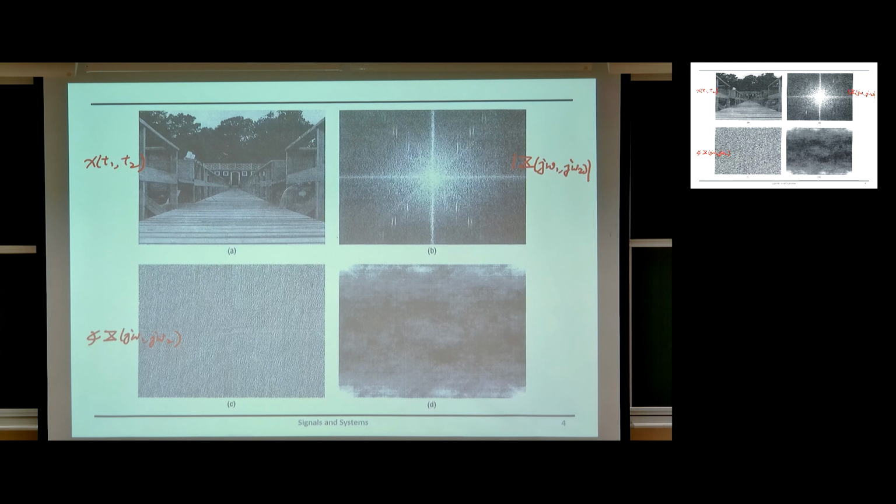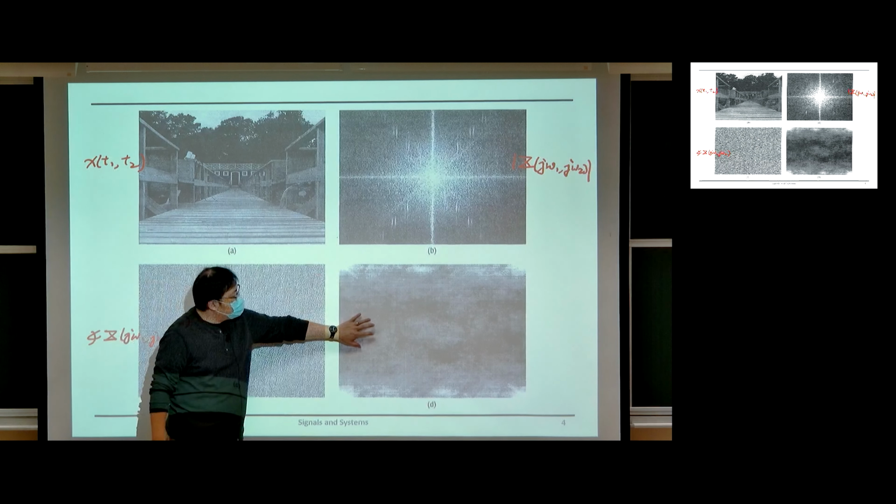To verify this, you can take the same magnitude but eliminate all of the phase information. If you set the phase to 0 for all frequencies, the resulting image that you get is this.